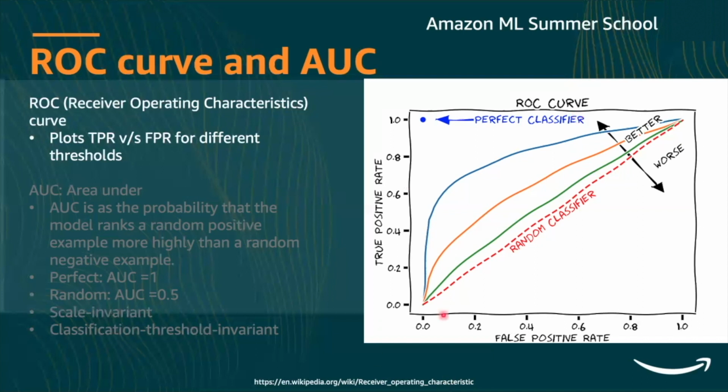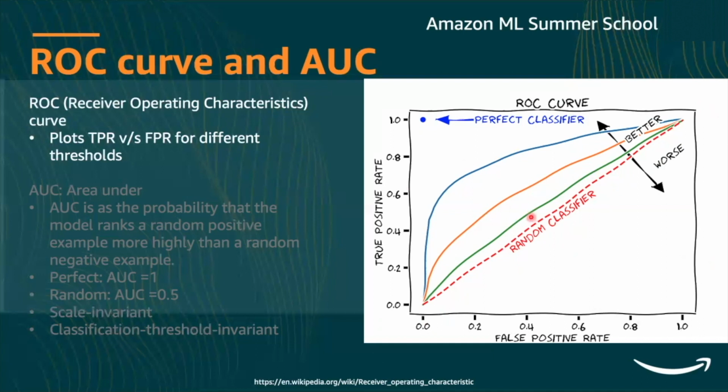The diagonal line divides the plane into two parts. This diagonal line is associated with a random classifier. Random means you toss a coin and randomly provide the output for a given problem. Anything above this random classifier is good.